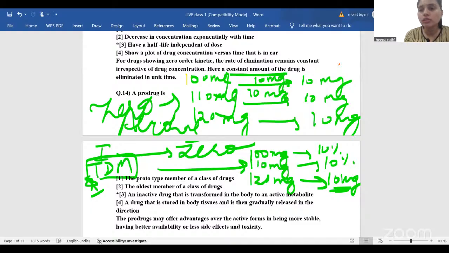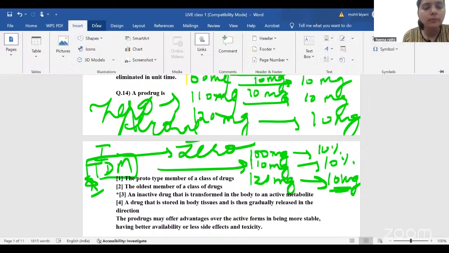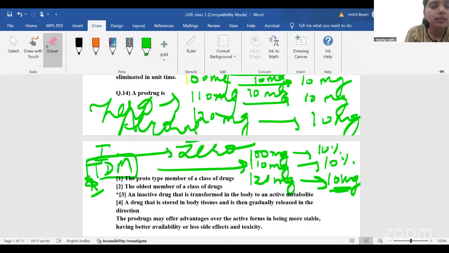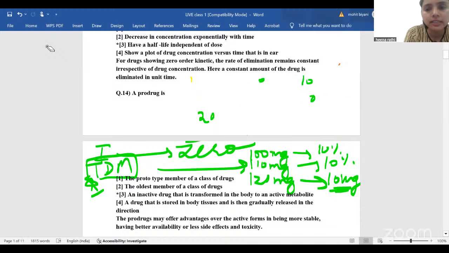Which drug follows these kinds of kinetics? One more thing about this: the change of kinetics is called Michaelis-Menten reaction. What does Michaelis-Menten mean? The drugs which change their kinetics from first order to zero order kinetics.